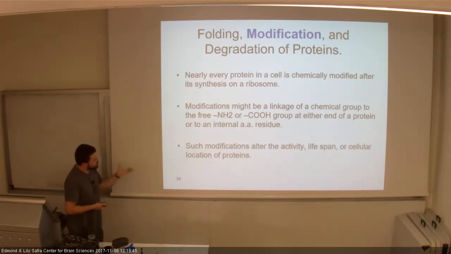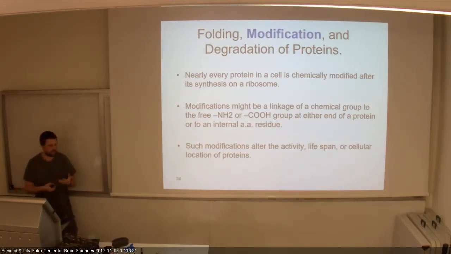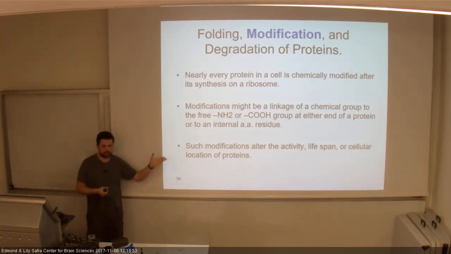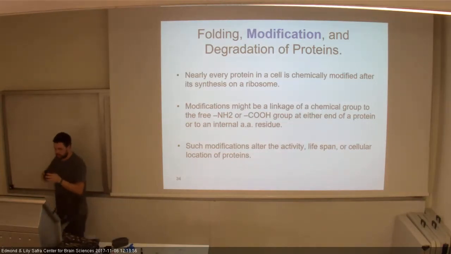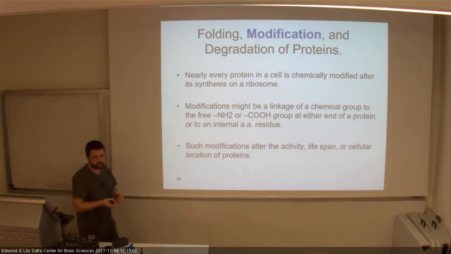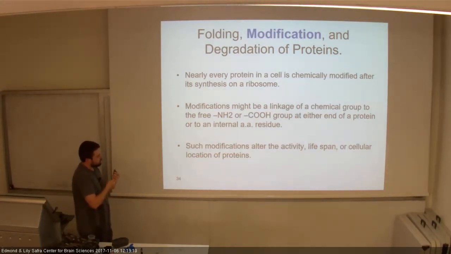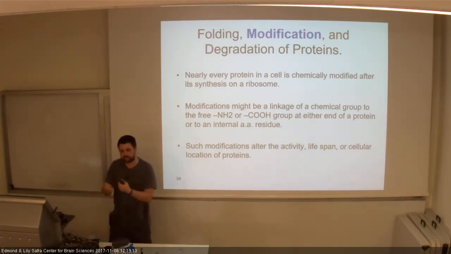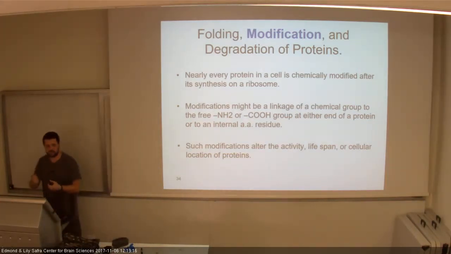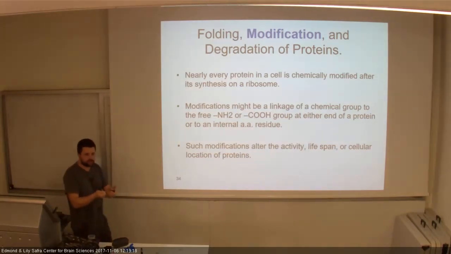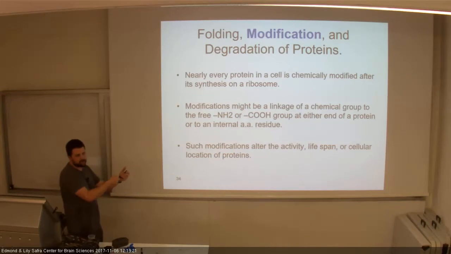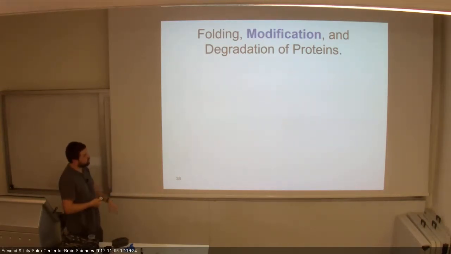These modifications are very critical for the activity, lifespan, and cellular location of proteins. For example, a protein can be shipped to a different part of the cell if it underwent a different chemical modification. You can think about these modifications as flags for the cell, like communication inside the cell. The way that the cell will know the state of the protein, or where it's supposed to be shipped, or what its activity is, or whether it needs to be degraded, will be determined by the modification that the protein undergoes after its production.